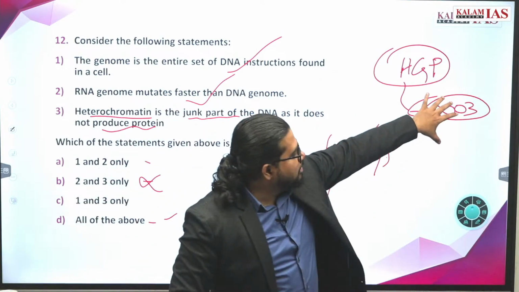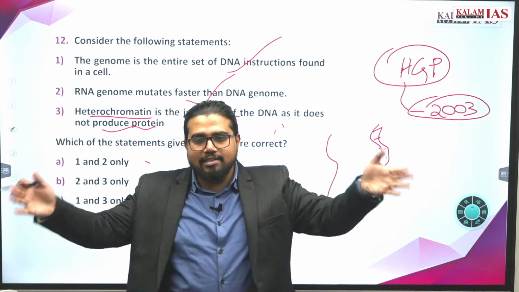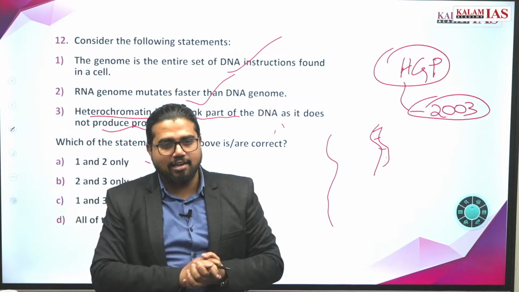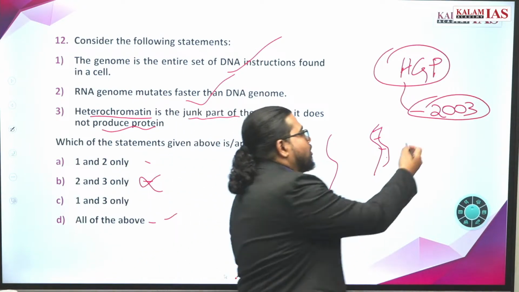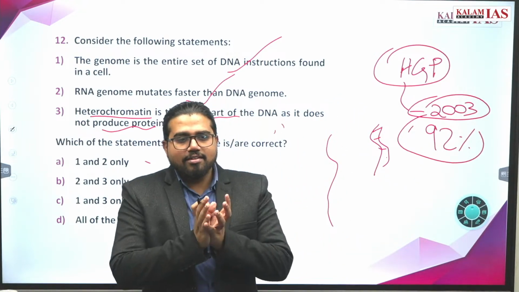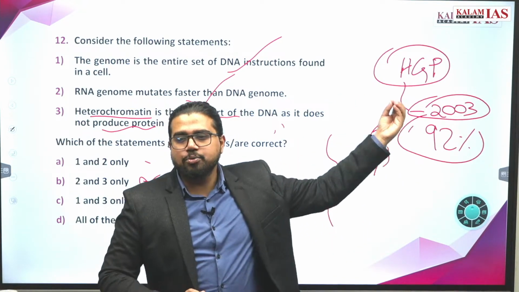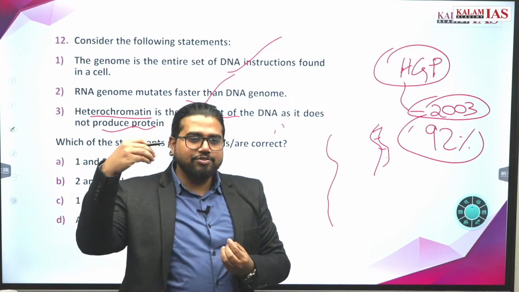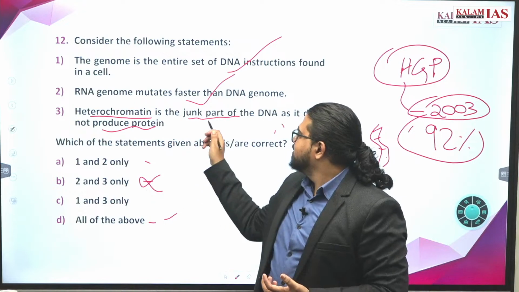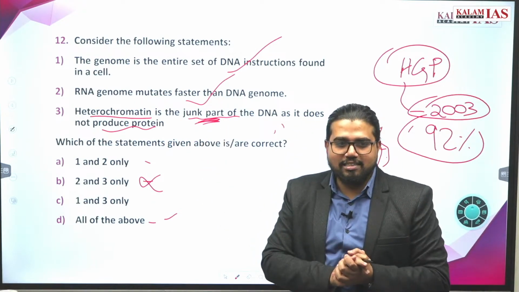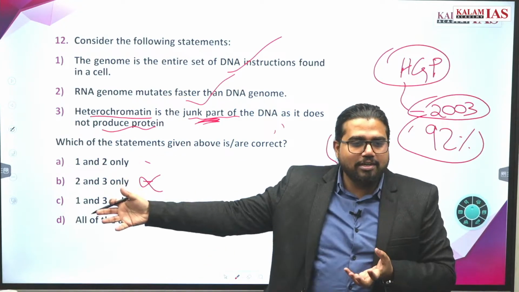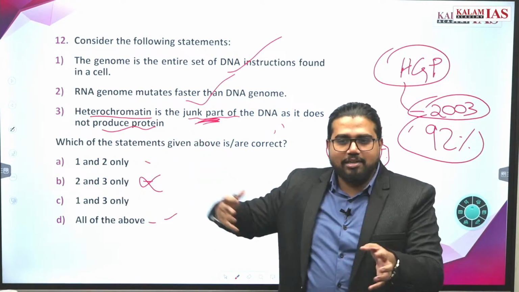In 2003 we said we had the complete genome information, but still only 92% of the genome was coded. 8% of the genome was left, and it was said that it is a junk part of the DNA. It doesn't produce protein, so the core function is not done by this part. So we are not decoding it right now.